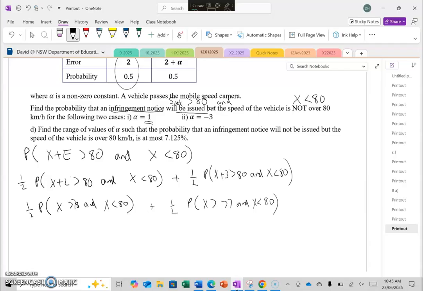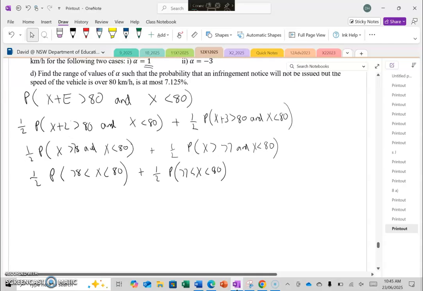We can combine this. If I'm greater than 78 but less than 80, I can write that as between 78 and 80. And this one here is between 77 and 80. We have to convert all the scores involved in the question into Z scores.